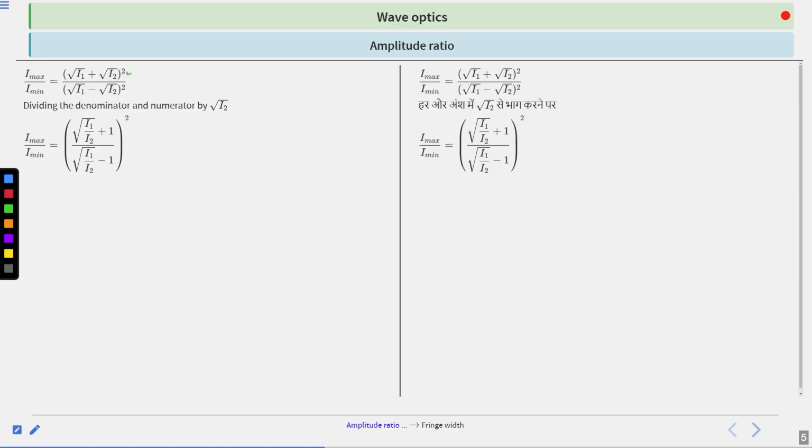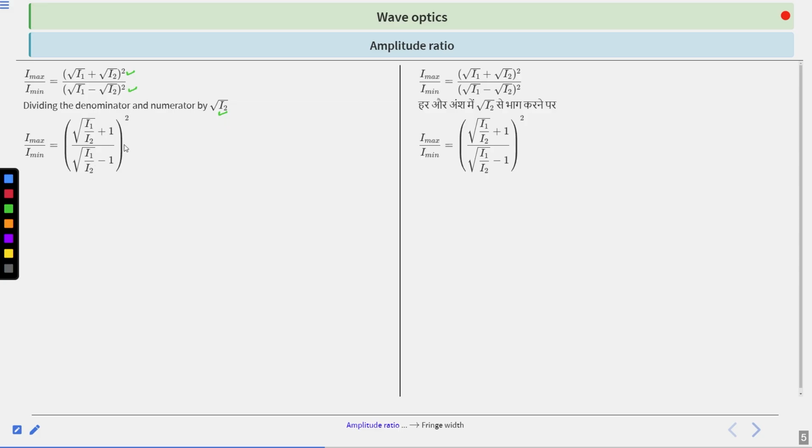This is for the maximum intensity and this is for the minimum intensity. Dividing the numerator and denominator by root I2 in both terms, I max divided by I minimum is equal to root I1 divided by root I2 plus 1, divided by root I1 divided by root I2 minus 1, whole square.